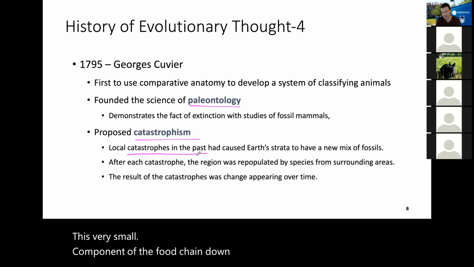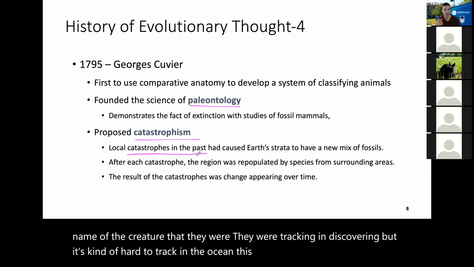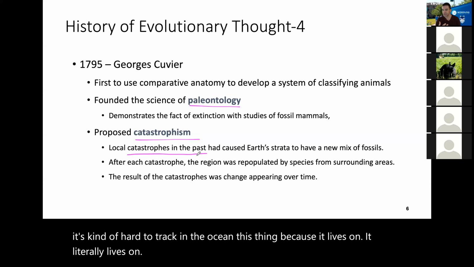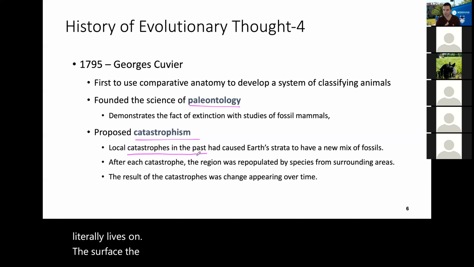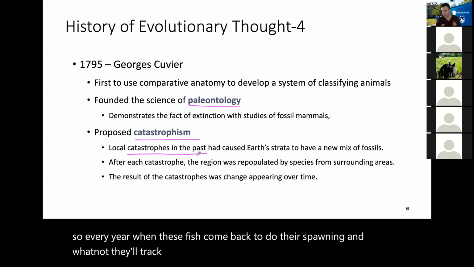I can't remember the exact name of the creature that they were tracking, but it's kind of hard to track in the ocean, because it literally lives on the surface, the skin of a couple different species of fish. And so every year when these fish come back to do their spawning and whatnot, they'll track them because they are a major component of the food web.